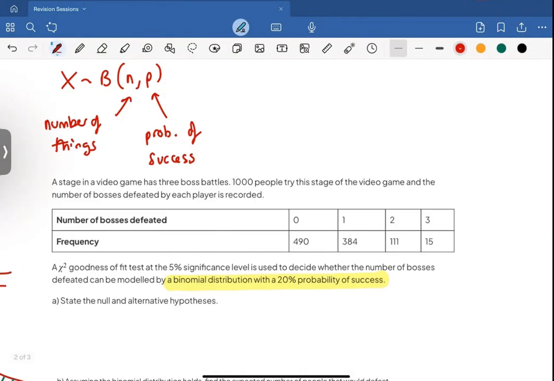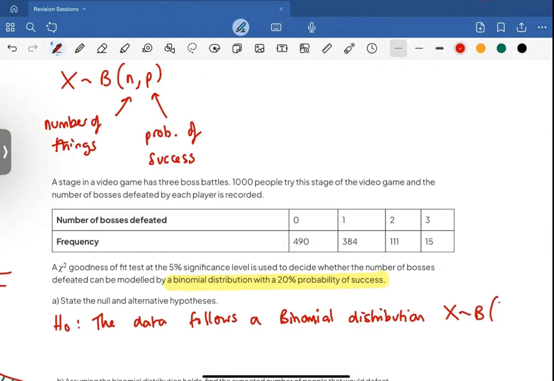Okay, so the null and alternative hypotheses. Well, the null is always that it does fit the distribution. So the data follows a binomial distribution. Hang on.